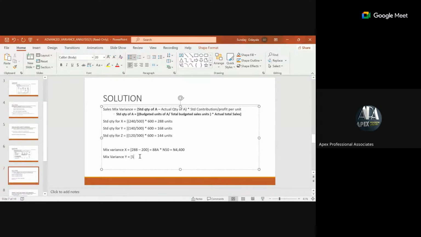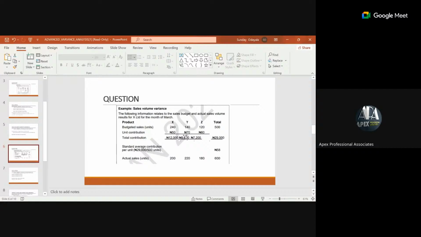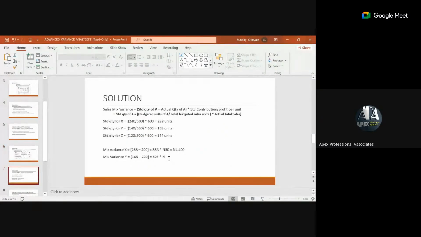They said you were supposed to sell 168, but you sold 120, and that should give us 52 favorable, multiplied by how much is the standard contribution here? 17 naira. That gives 3,640, and this is favorable.